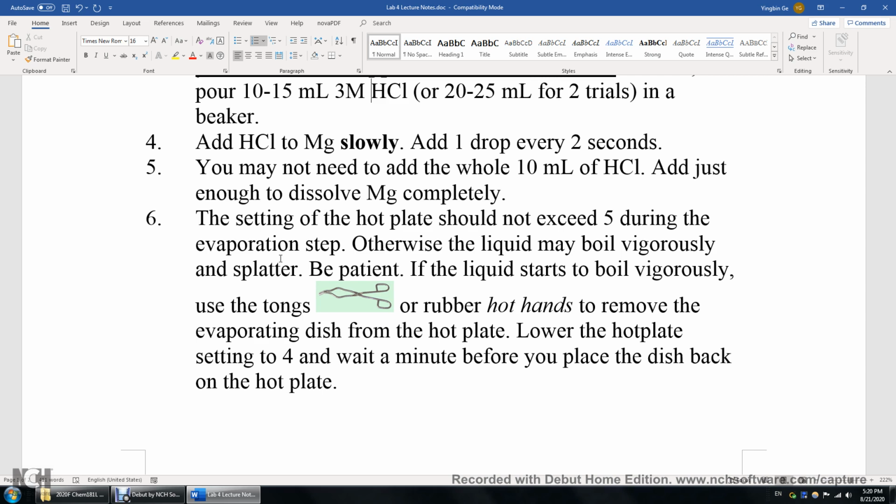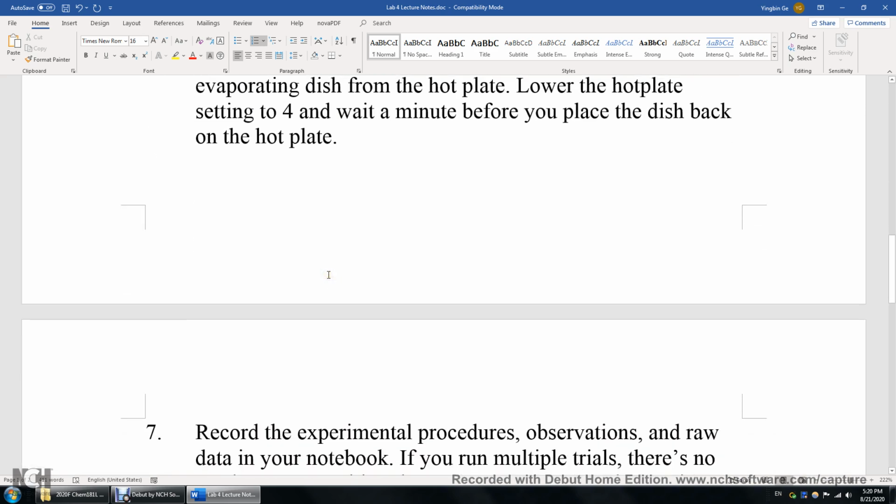But if you do observe the solution starts to boil vigorously, use a pair of tongs or hot hands to remove the evaporating dish from the hot plate. Lower the setting to 4, wait a minute, and then place the dish back on the hot plate. This process may take about 40 to 45 minutes.